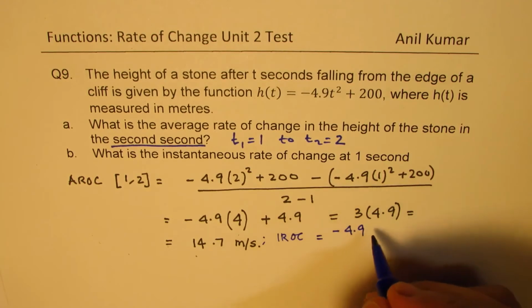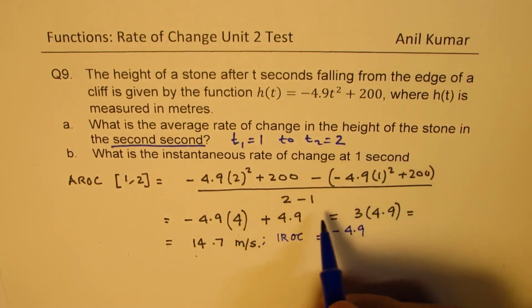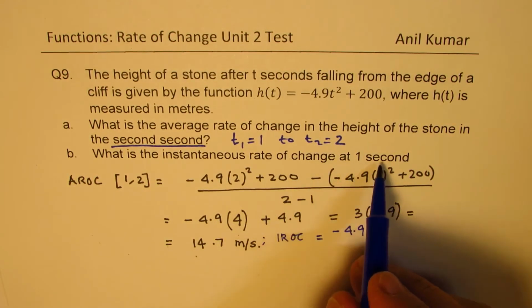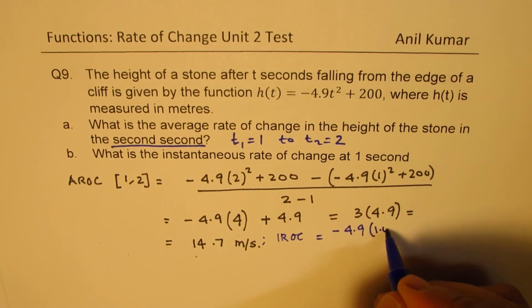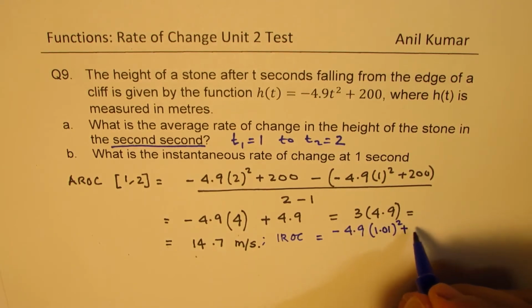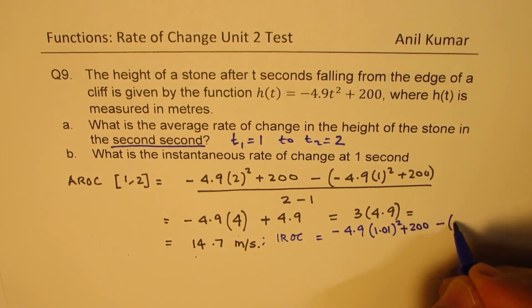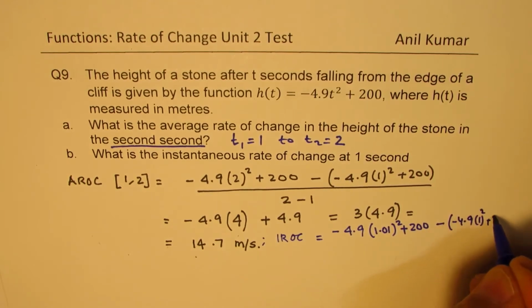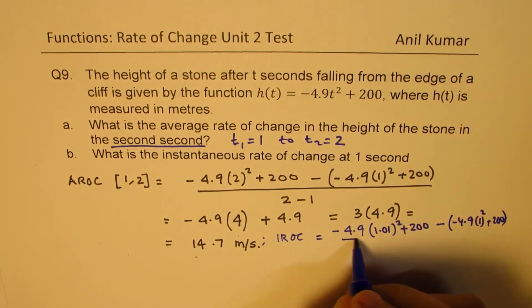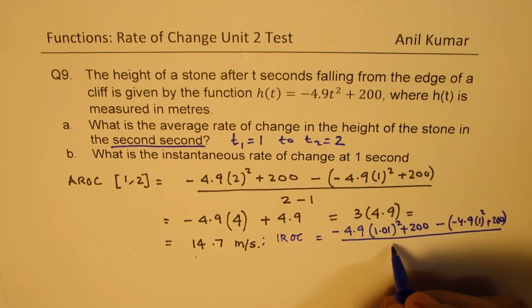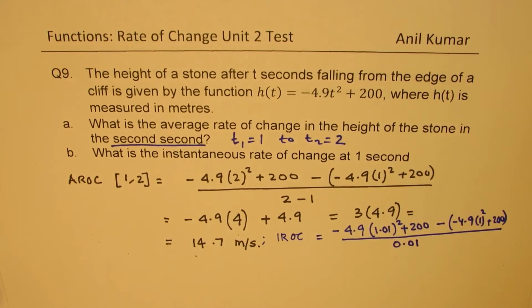So we'll take t as 1.01 whole squared, right, plus 200, minus 4.9 times 1 squared plus 200, divided by 0.01. Correct. So let's calculate this.